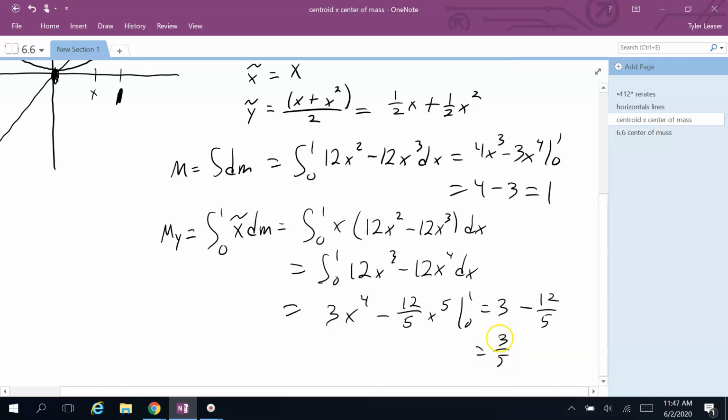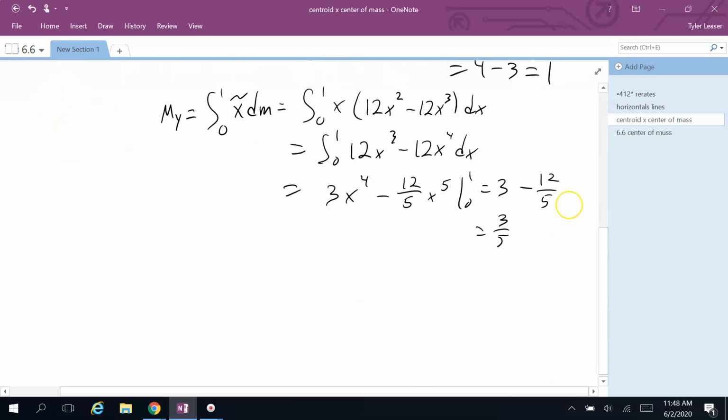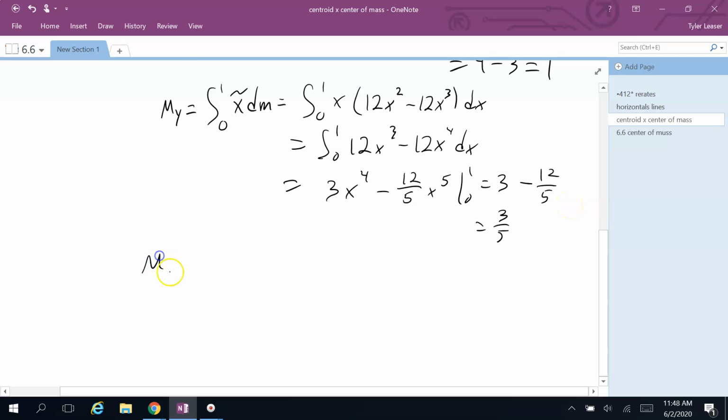Because this came out to be a positive number, the moment about the y-axis is going to be rotating around the y-axis in a clockwise fashion. If you were to look down the y-axis, it would be going around clockwise. Or maybe I have those backwards. It doesn't matter, but I think positive is counterclockwise and negative would be clockwise. That makes more sense.